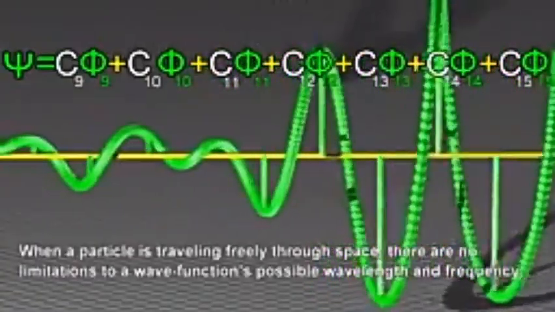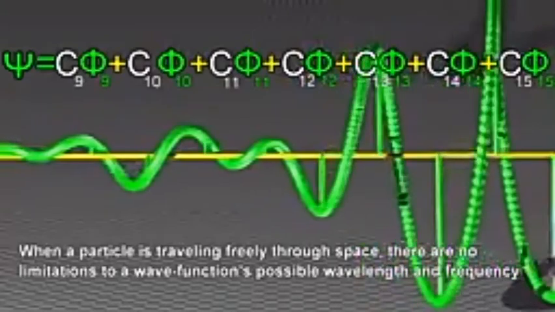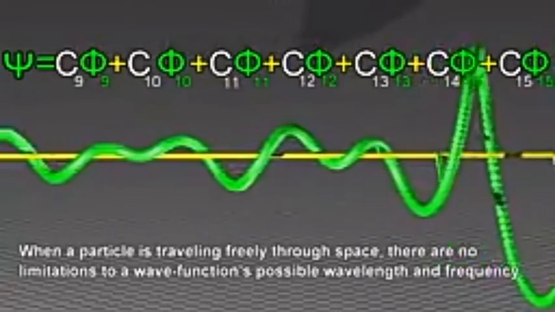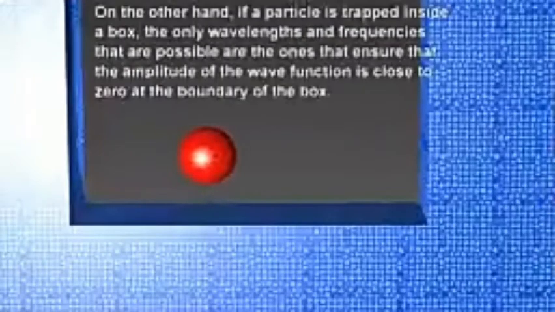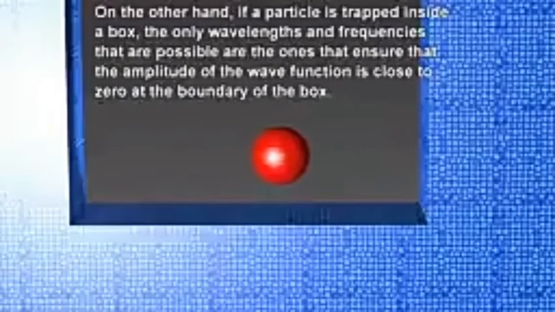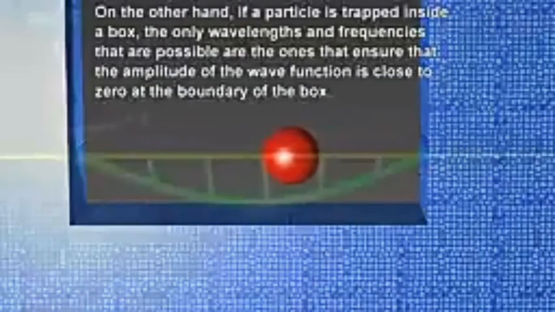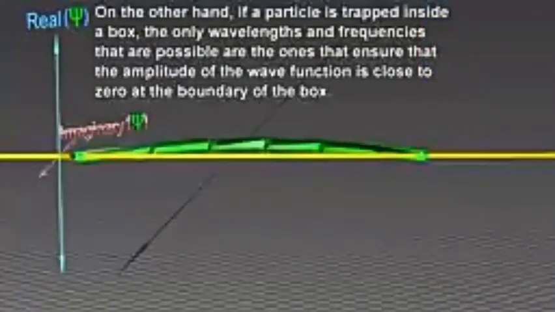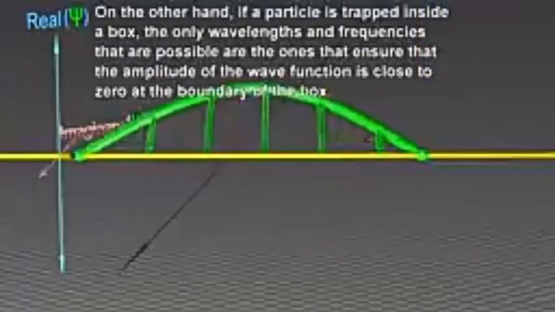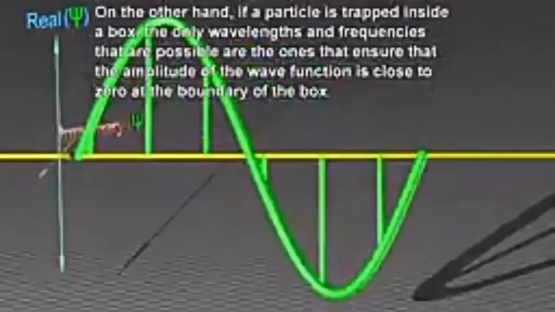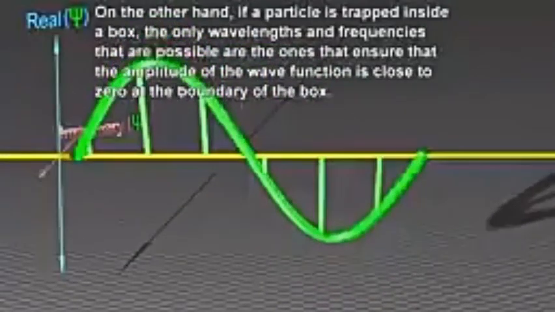When a particle is traveling freely through space, there is no limitation on the possible wavelengths and frequencies of the wave function. On the other hand, if a particle is trapped inside a box, the only wavelengths and frequencies possible are the ones that ensure the amplitude of the wave function is close to zero at the boundary of the box.